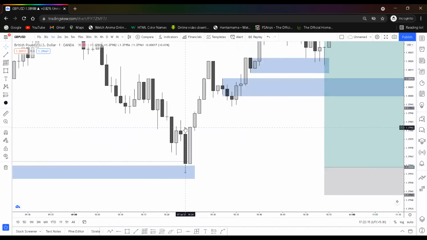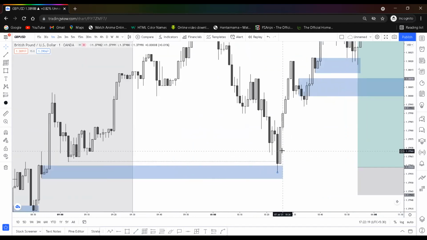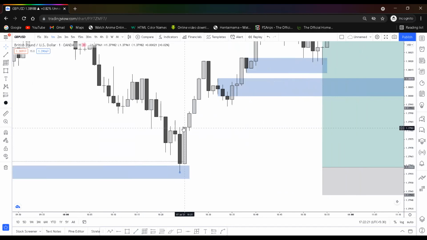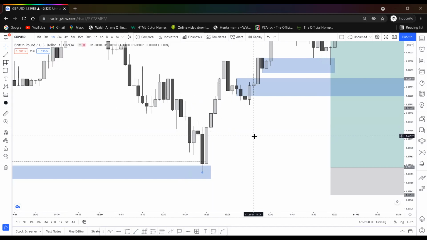You see why this is a FU candle now? It took out liquidity and then engulfed. The next candle, or the next two or three candles, should engulf. Then we can consider it a FU candle. I hope you understood that.